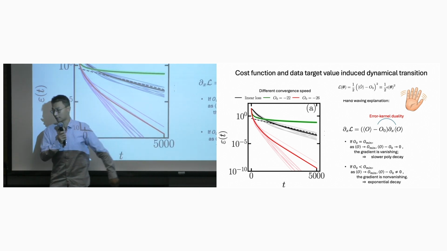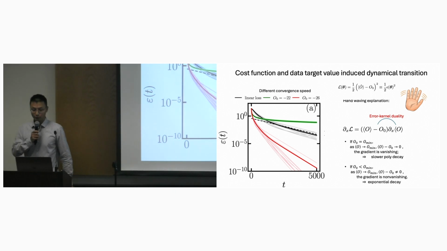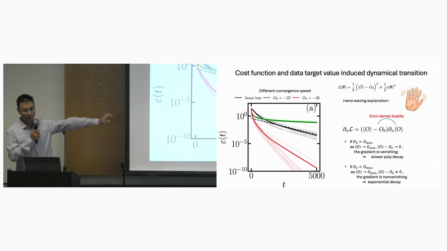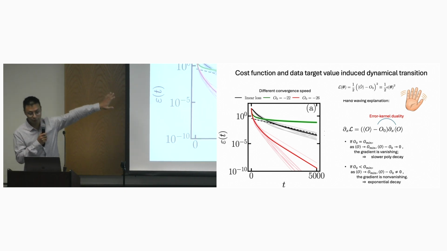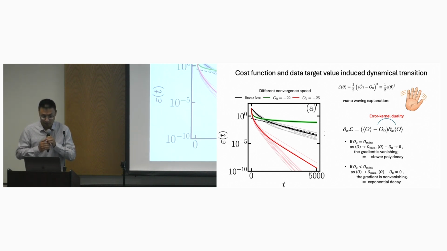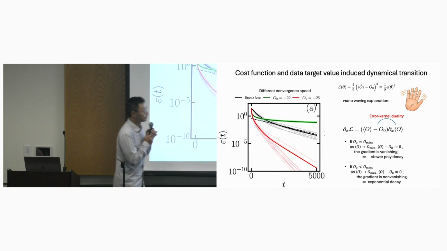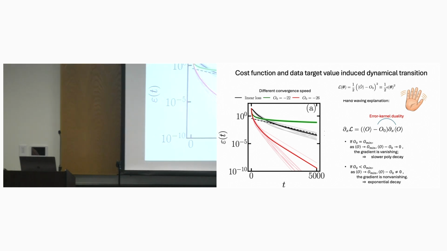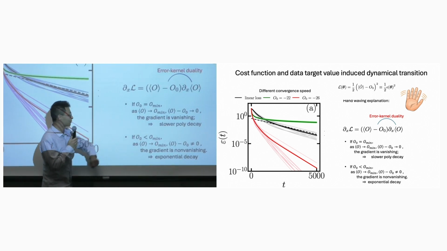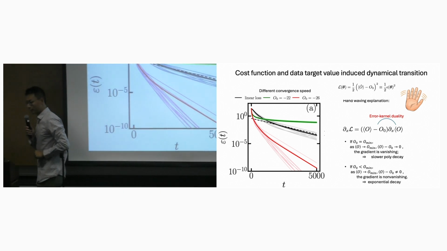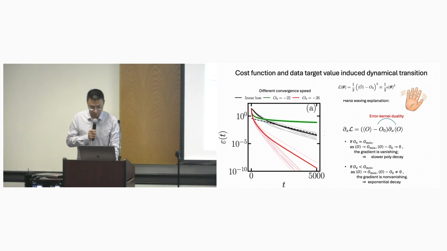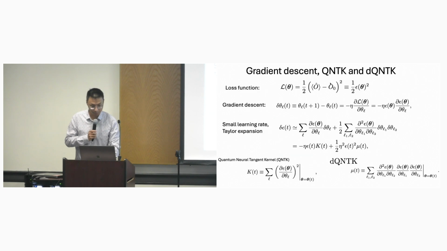So if O0 is actually equal to O min, you unfortunately will have a vanishing gradient. This vanishing gradient overall will give you a very slow convergence, which is polynomial. It's not necessarily easy to see why it's polynomial, but it turns out to be polynomial. And if O0 is smaller than O min, then luckily this first term, O minus O0, will not vanish, and therefore, hopefully, the second term doesn't vanish. Then you get a good non-zero gradient, and the convergence will actually decay exponentially.